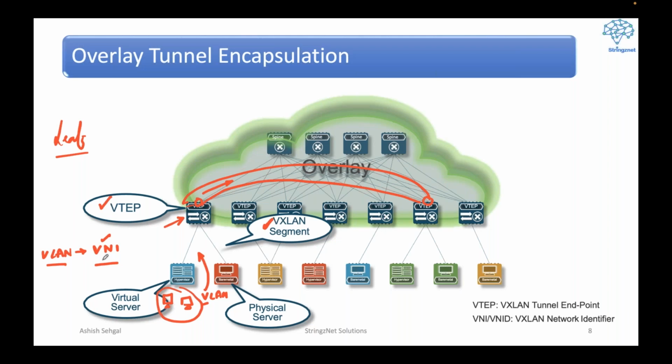Now, here comes a question. I deserve to ask a question because continuous speaking needs a break. So guys, kindly give me a break. Let me know what is the size of this VLAN ID, and let me know what is the size of this VN ID.